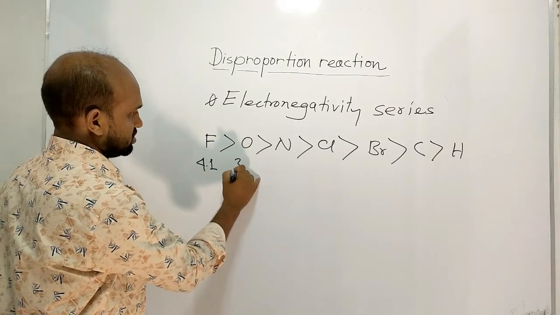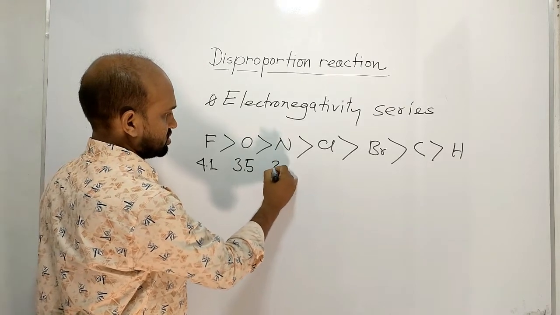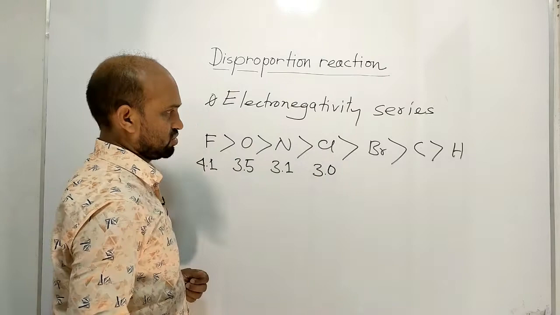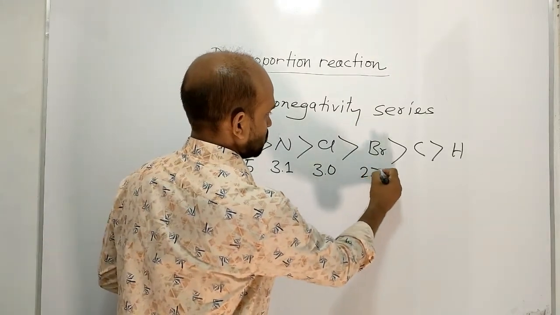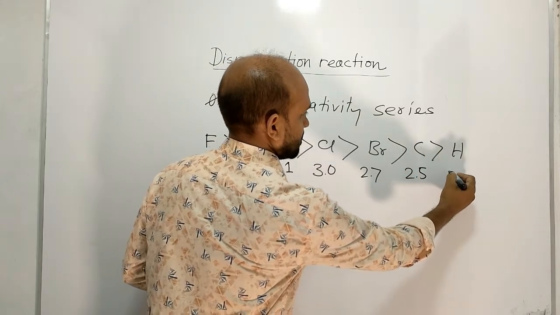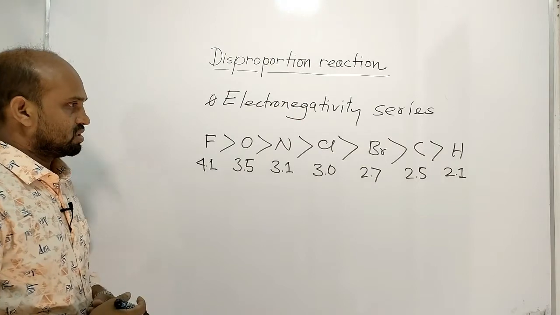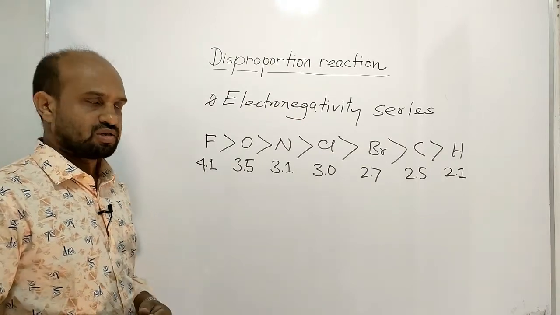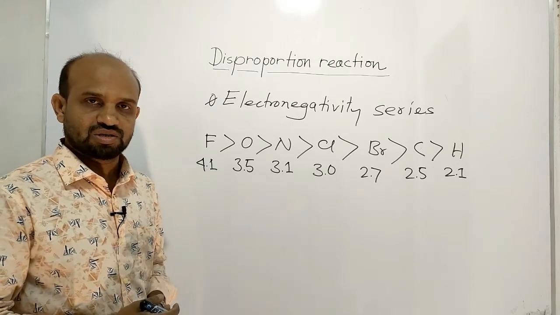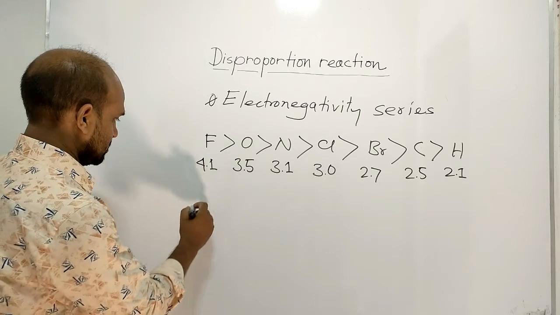This is 3.5. For nitrogen it is 3.1, chlorine 3.0, bromine 2.7, carbon 2.5, hydrogen 2.1. From this electronegativity, let's see the oxidation number of some elements in molecules.